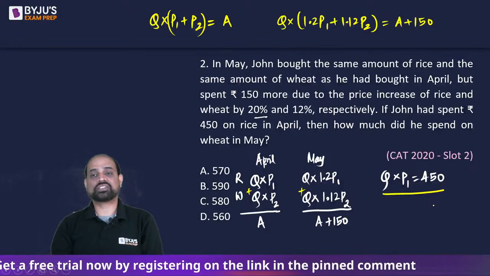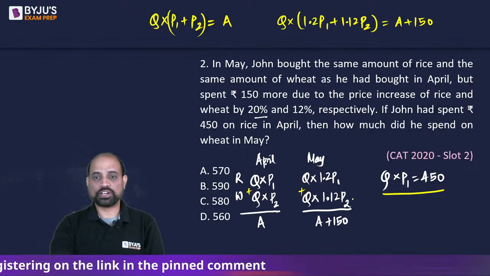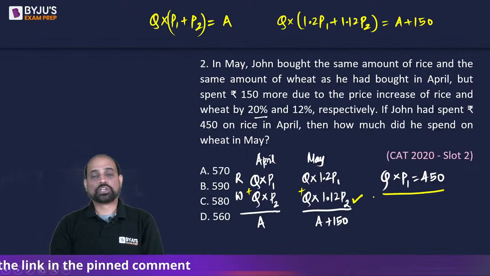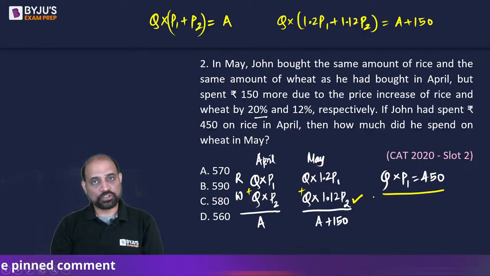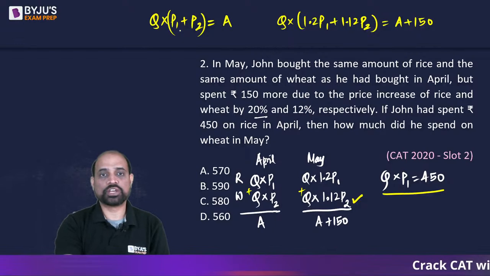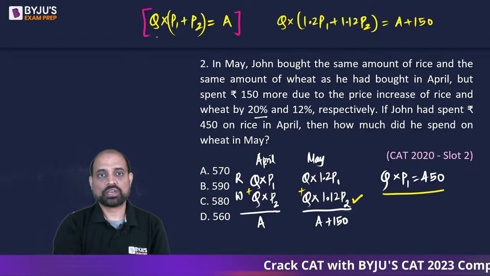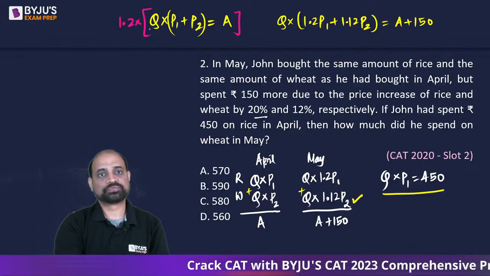So the question asked is how much did he spend on wheat in May? So we are asked to find out the value of this one. There are going to be a lot of different ways of solving this. If I want to find out Q into P2, the easiest is going to be if I multiply this equation by 1.2.